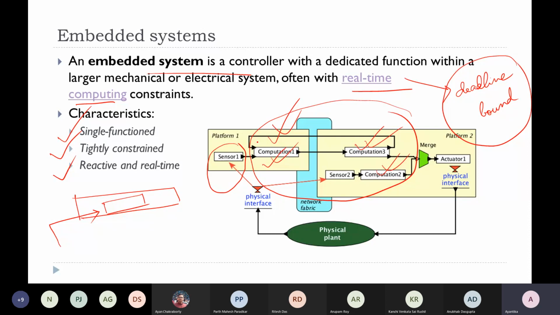So there are multiple functions. But with these embedded systems, these wearable devices, you have this single function requirement. So I hope now you understood the characteristics of embedded systems. And when these characteristics are there, that will obviously influence our machine learning realization.